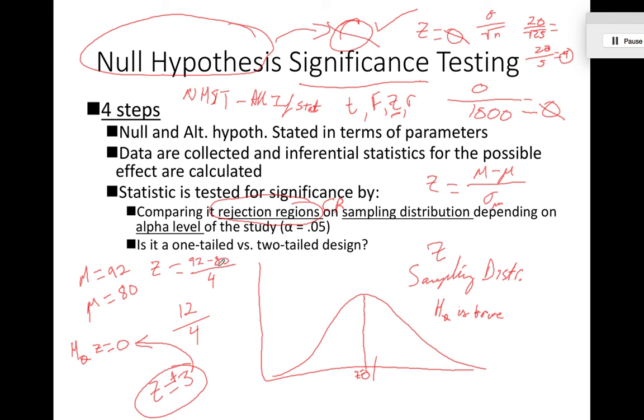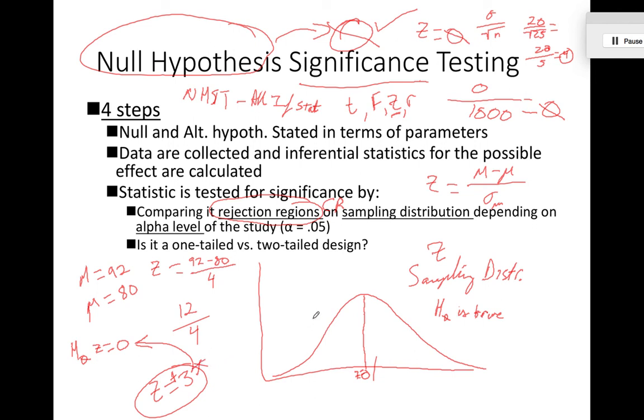That's a real difference. That's ultimately what I want to conclude. Okay? The only way I can make that judgment call is if my statistic of a value of 3 in this particular case lands inside of the region of rejection.